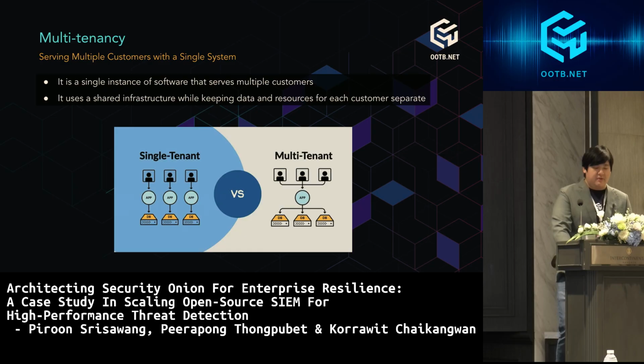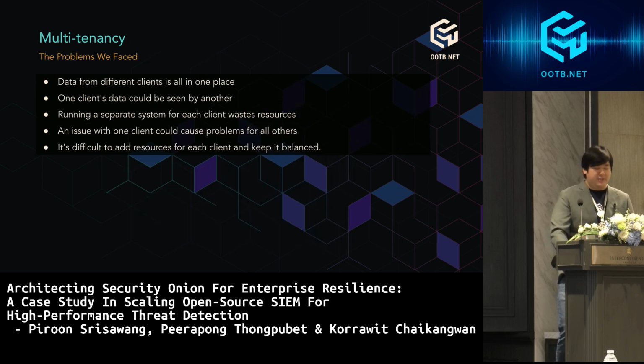For example, imagine an MSSP environment where we might have bank A, bank B, and bank C, all using the same system. They share the same underlying infrastructure, but each of them only sees their own dashboard, their own alerts, and their own cases. This makes the platform much more efficient, scalable, and cost-effective, while still guaranteeing strict data separation.